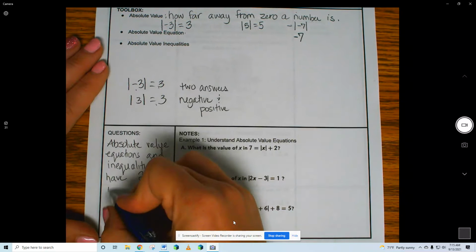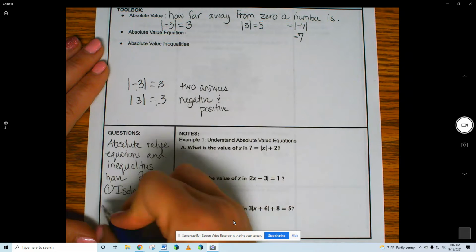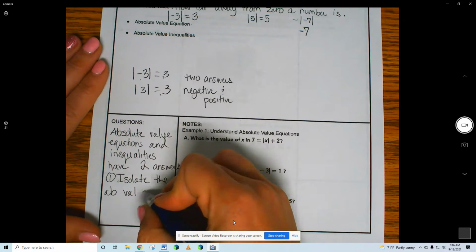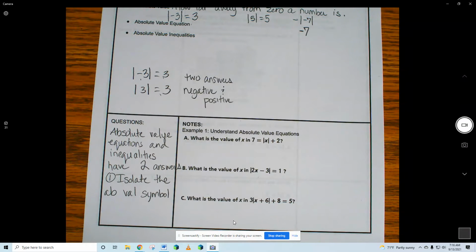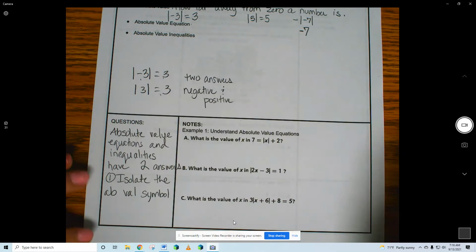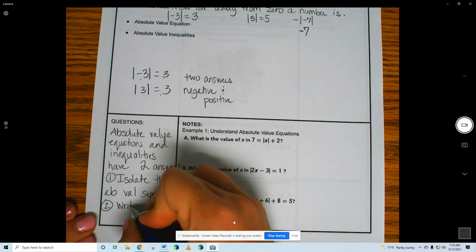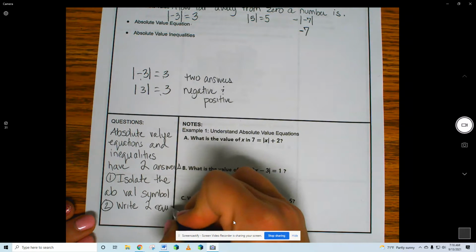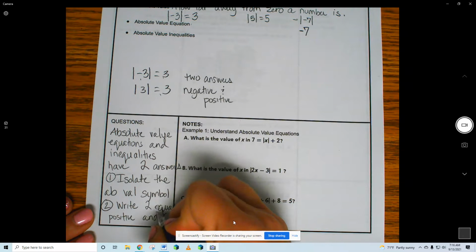The first thing we need to do is isolate the absolute value symbol, which means get the absolute value all alone. And then step 2 is to write 2 equations, a positive and a negative.